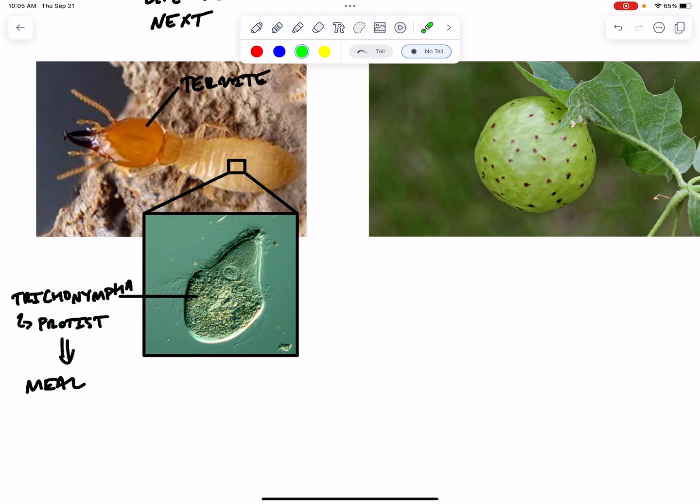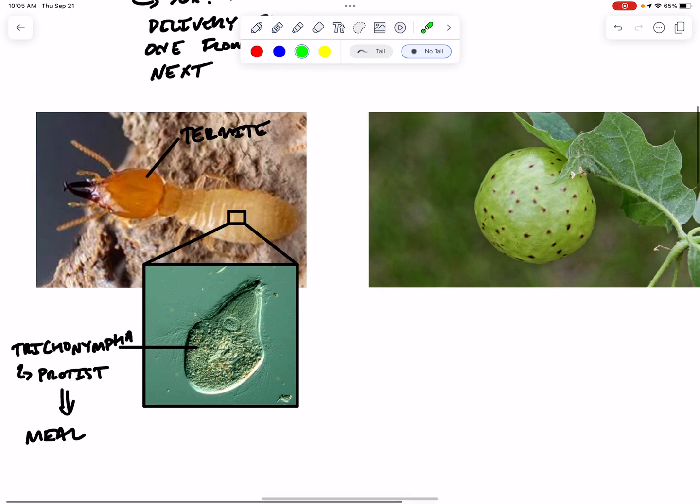So out of this, the Trichonympha gets a meal, which is cellulose in its complex form, and then the Trichonympha breaks down that cellulose into glucose monomers. So it's breaking down a complex sugar into a simple sugar, and the Trichonympha eats some of that glucose, and then the termite also eats some of that glucose. So it also gets a meal out of the deal.